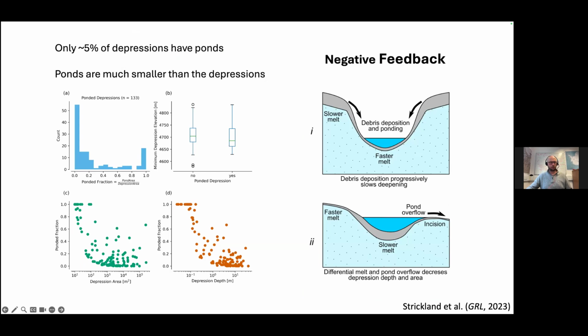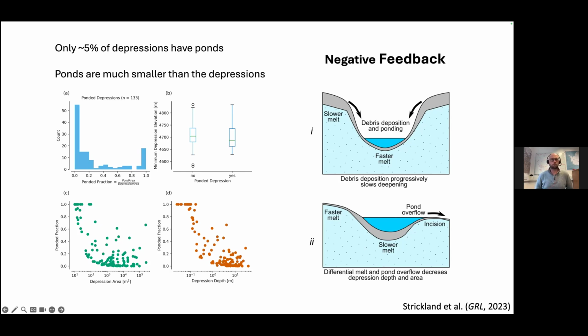So if we have a topographic depression in the glacier surface, it should fill with water because meltwater from the surrounding area would travel into it. But that's not what we see. And for the depressions that do have ponds, the pond area is typically much, much smaller than the depression area.